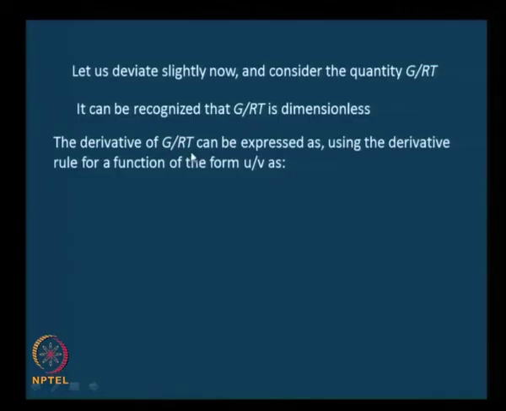R of course is a constant, but G and T are variables, and it is of the u by v form. Therefore the total derivative is the denominator function into the derivative of the numerator function, minus the numerator function into the derivative of the denominator function, divided by the denominator function squared.